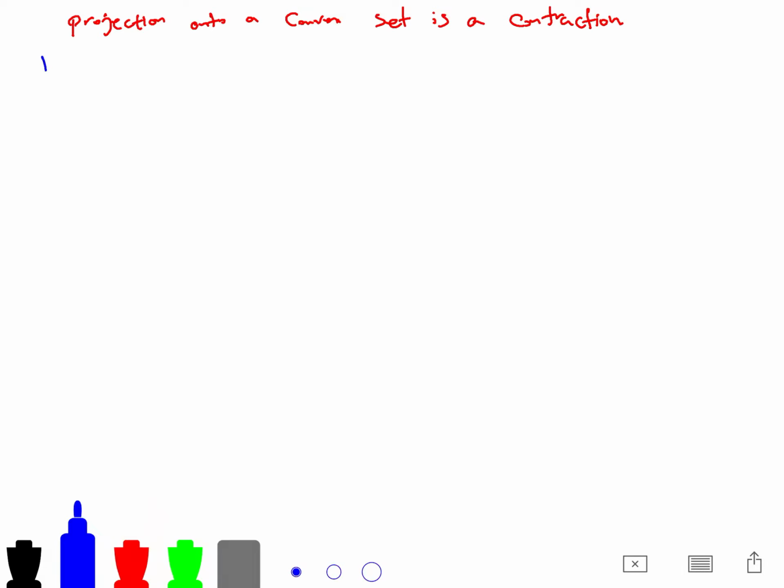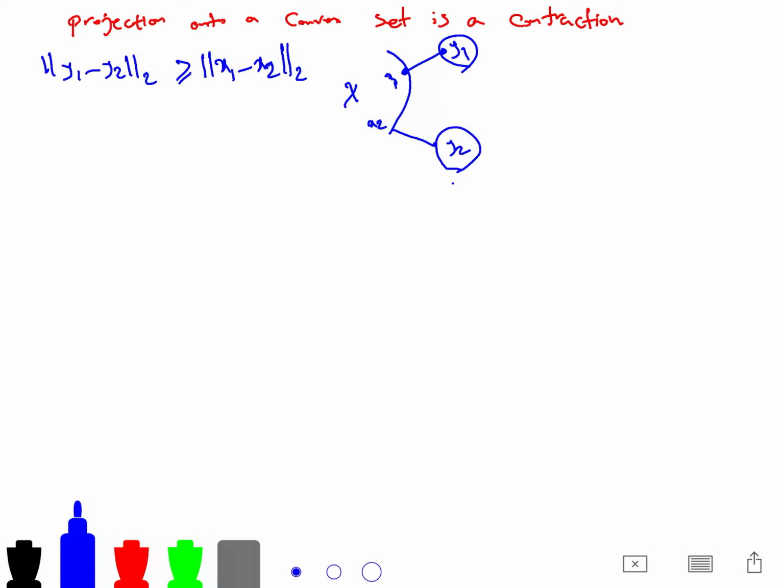I want to prove that the L2 norm of y1 minus y2 is greater than or equal to the norm of x1 minus x2. If we have a convex set X and two points x1 and x2, where the projection of y1 onto X is x1 and the projection of y2 onto X is x2, I want to say that the distance between y1 and y2 is greater than the distance between x1 and x2.